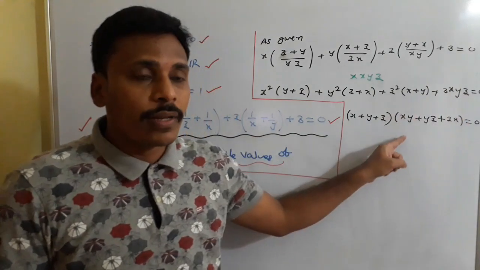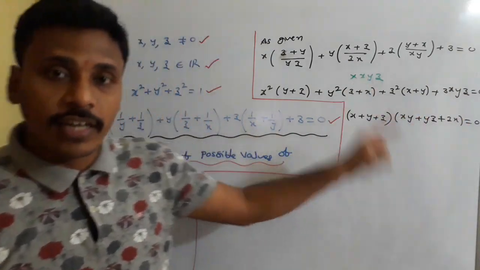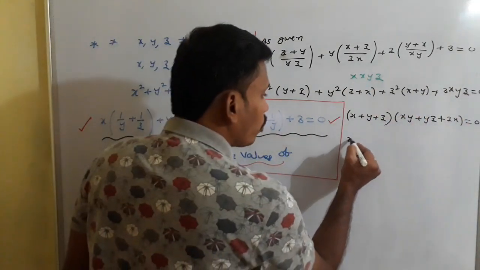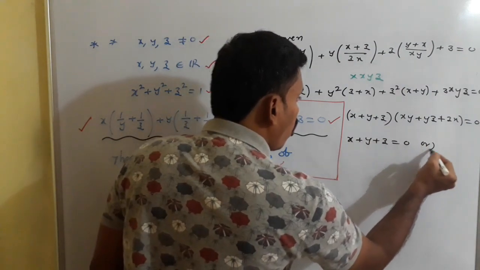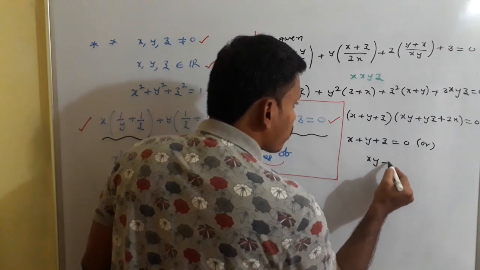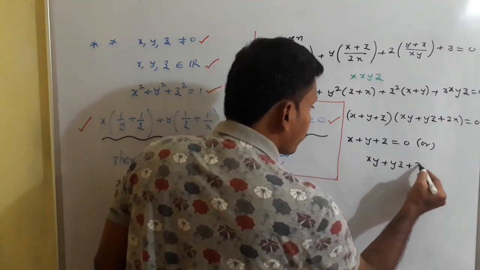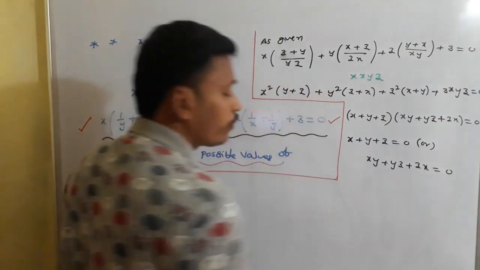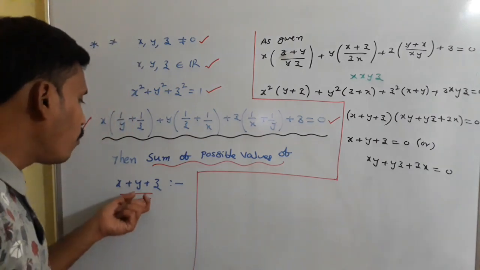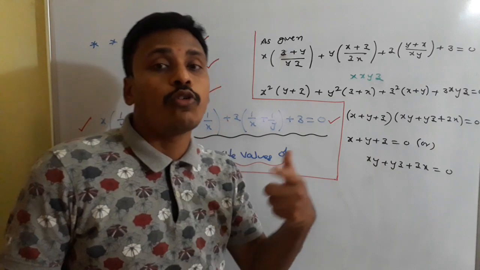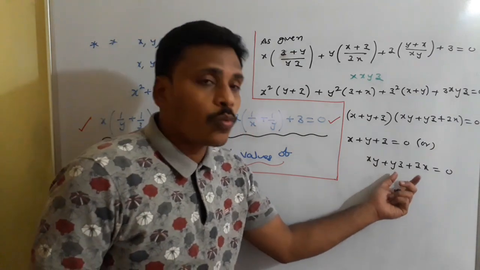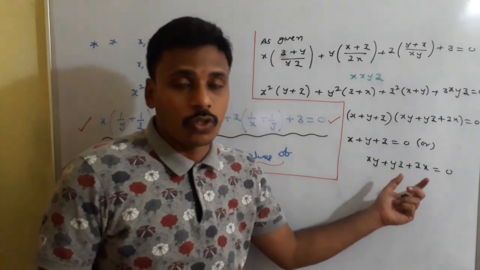So x plus y plus z into xy plus yz plus zx is 0. From there I conclude that x plus y plus z is equal to 0, or xy plus yz plus zx is equal to 0. That means one possible value for x plus y plus z is 0, and we are searching for some more possible values. From this, xy plus yz plus zx is equal to 0.